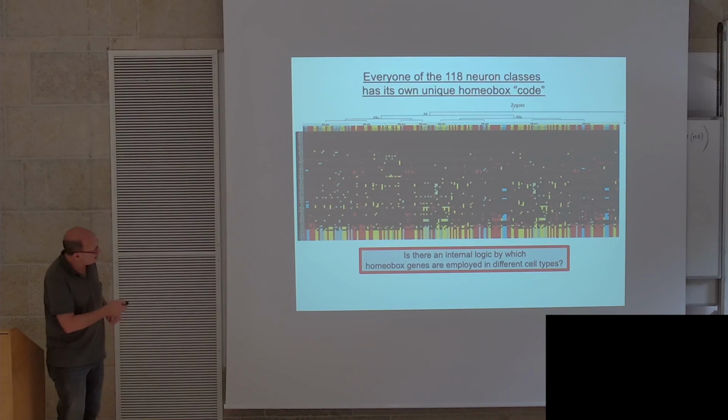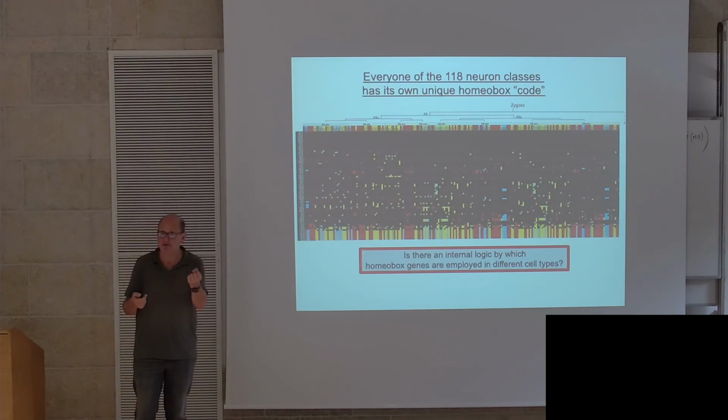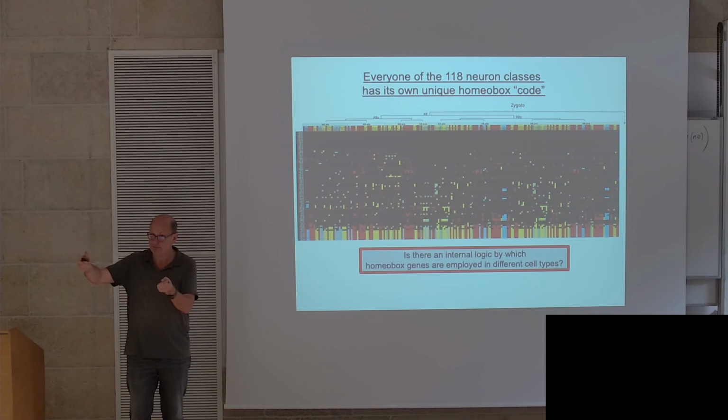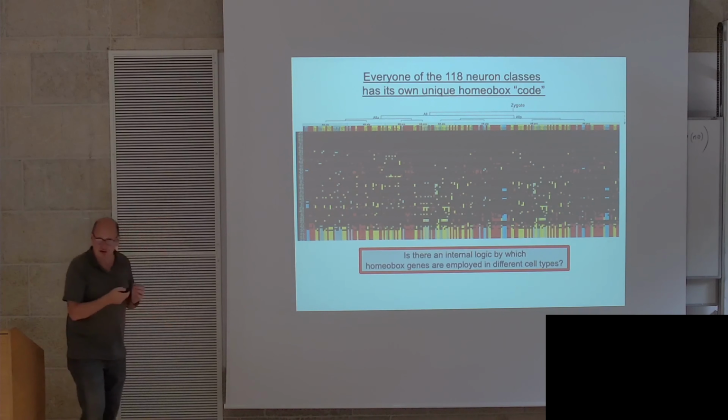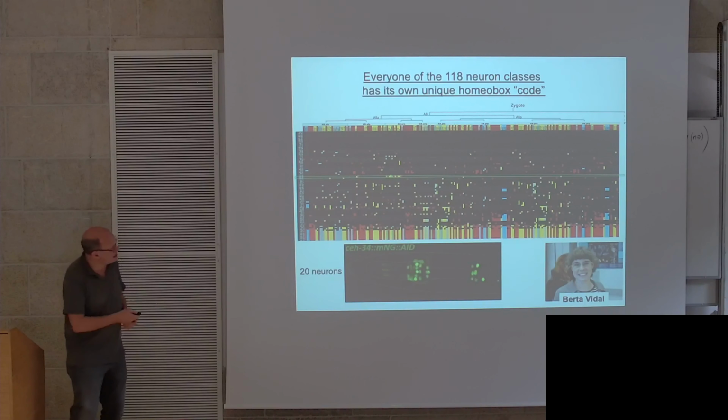So combinatorial codes of these transcription factors, different combinations in different cells, of course imply that one and the same transcription factor is used again and again in unique combinations. But let's think about an individual transcription factor. And I'm highlighting one here.